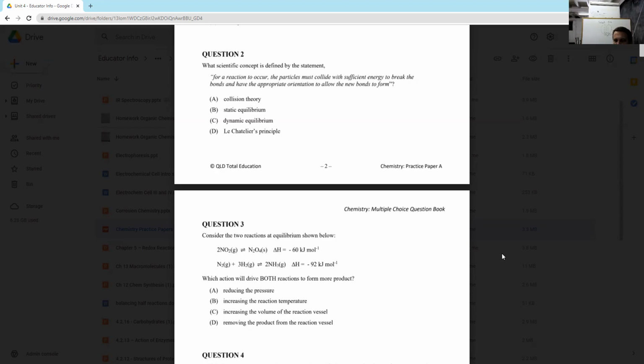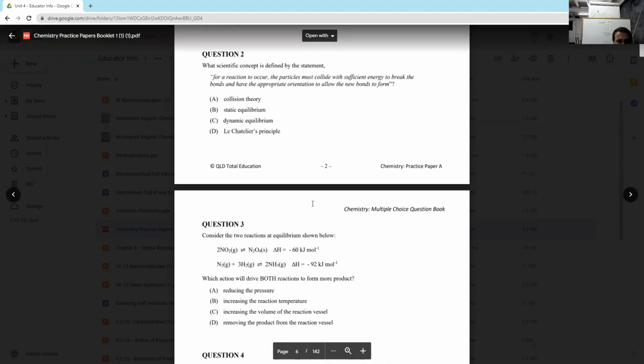So it's going to have the same effect as A. It's going to go towards the side with the most gas moles. Removing product, regardless of the equilibrium expression that you can see, will always create more product, or it will shift the equilibrium to the right. So the correct answer there is D.